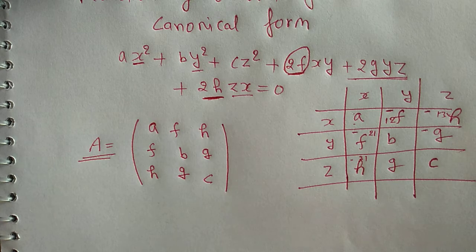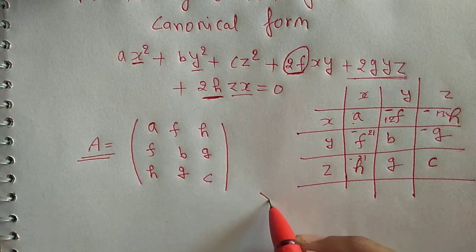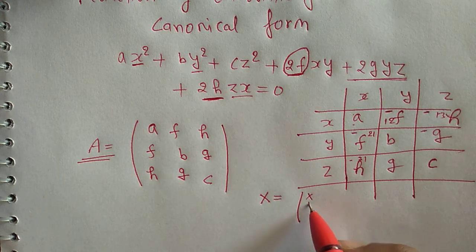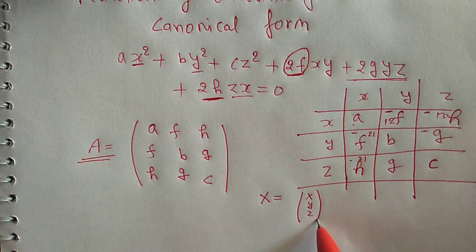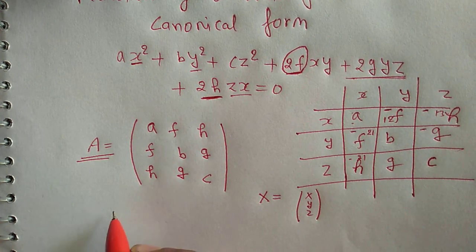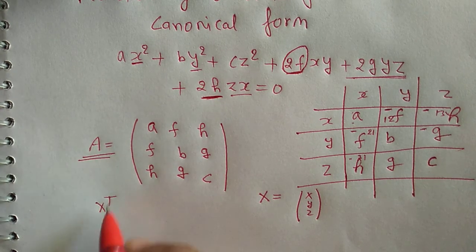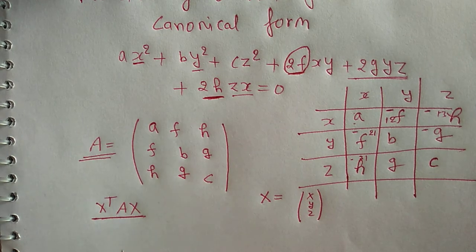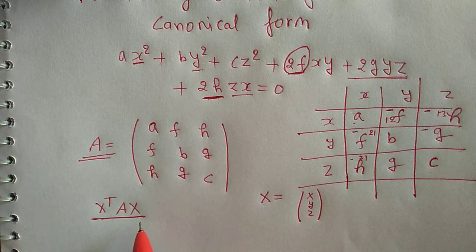If you write x as the column vector x, y, z, then the matrix representation x transpose A x will be the matrix form of the quadratic form.